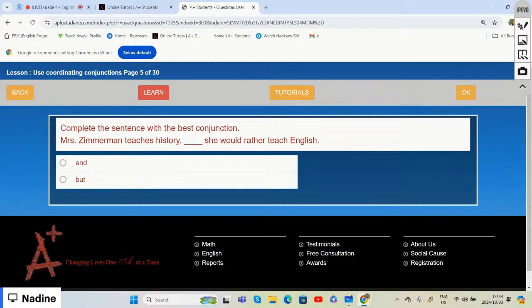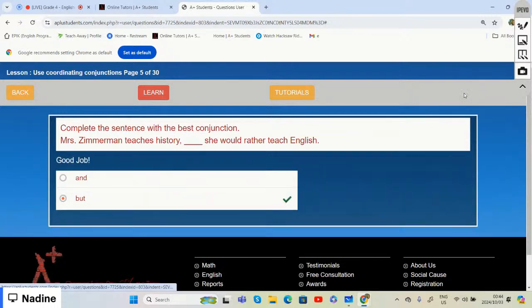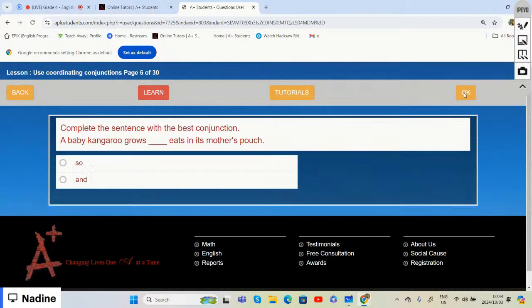All right, so we say Mrs. Zimmerman teaches history, but, yes, well done, but she would rather teach English, meaning that she doesn't want to teach history anymore. She wants to now teach English.